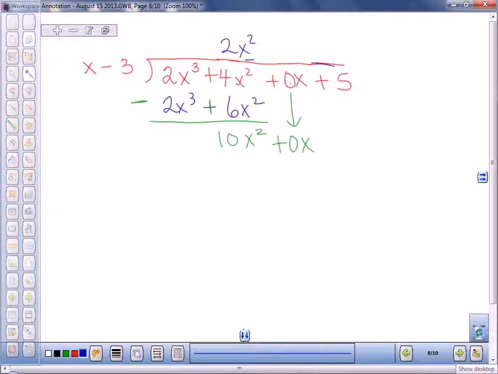X divides into 10x squared. What does that leave me? 10x. Okay, put the 10x up and multiply through.